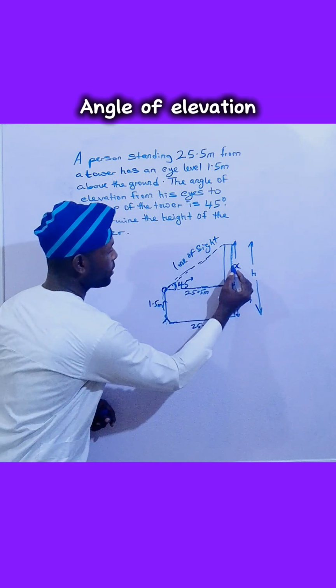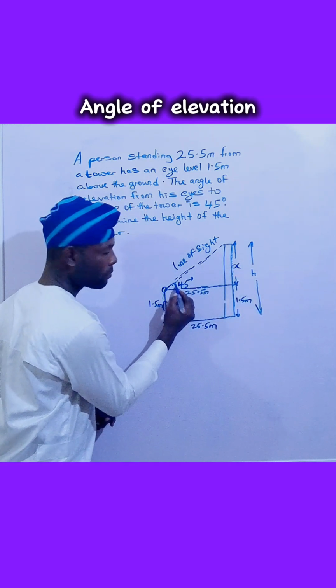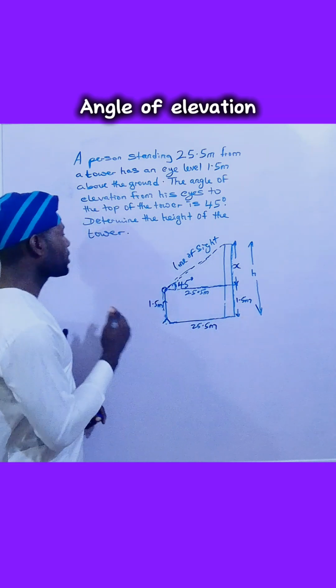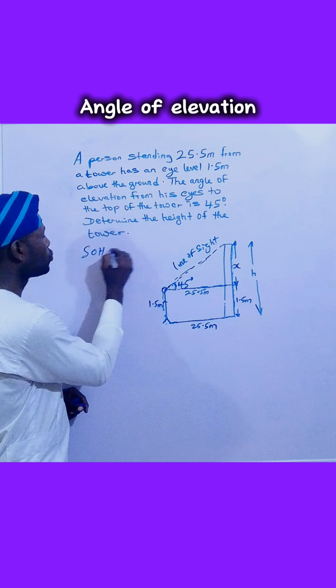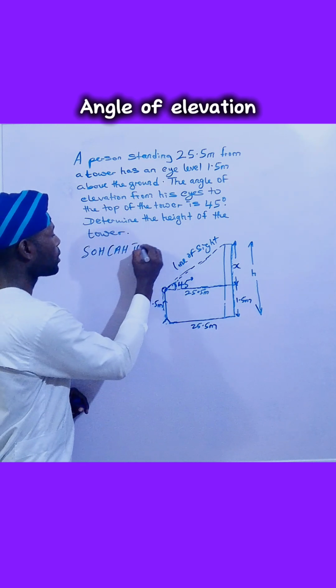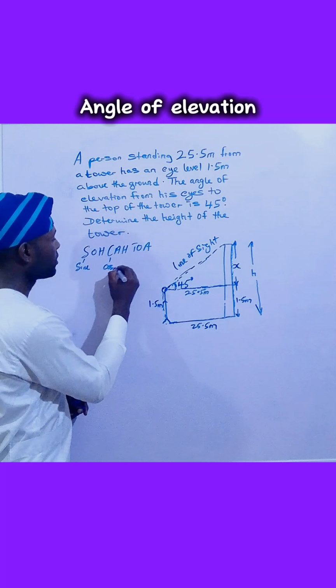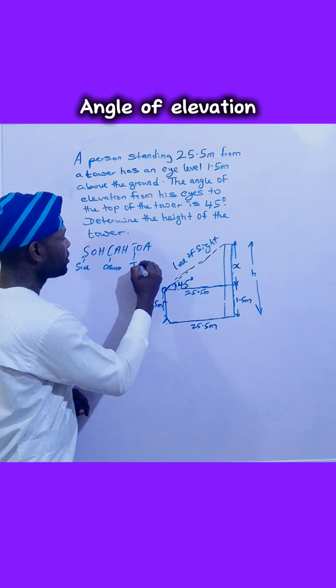This side is opposite of this angle. Down here is adjacent to this angle. When we are talking about SOHCAHTOA, we have sine, cosine, and tangent.